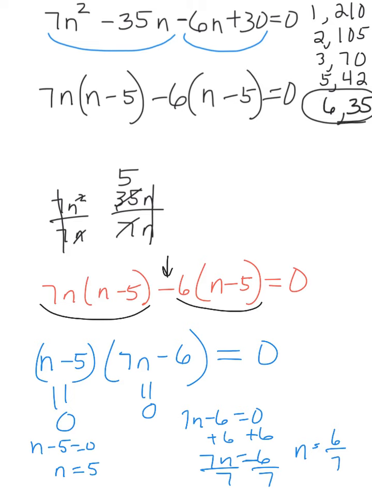So our two solutions to this problem are n equals 6/7 and 5. I hope this helps you to work some of the other problems. So I'm going to show you a few more to let you work them on your own and then give you the solutions.